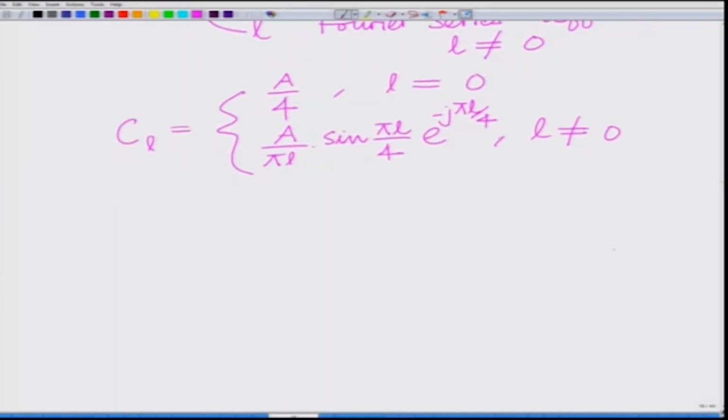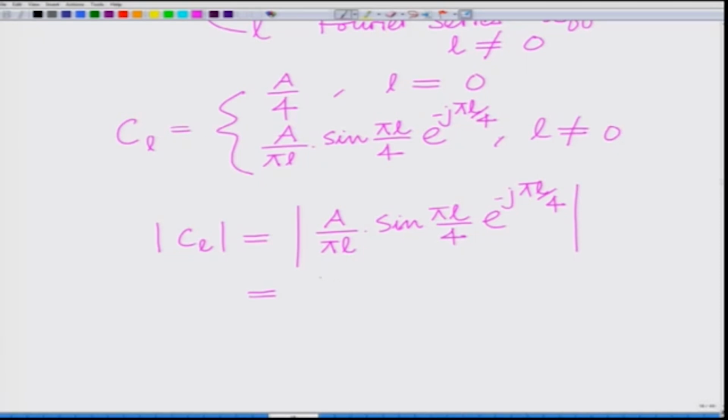And further, if you are interested only in the magnitude, we have derived the Lth Fourier series coefficient for this periodic pulse signal, and further we can look at the magnitude of C L, which is magnitude of A over pi L sin pi L by 4 e to the power of minus j pi L by 4, and the magnitude of e to the power of minus j pi L by 4 is 1.